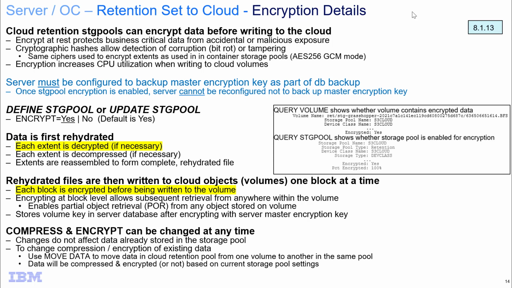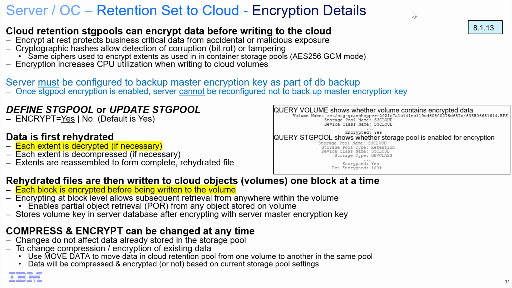We'll then take that file and chop it up into blocks, and we're going to send each block out to the cloud. And at that point, you could choose to encrypt it before it's sent out to the cloud. So the encryption is at block level, and this is going to allow the subsequent retrievals from anywhere within the volume and not having to worry about those individual dedupe chunks being encrypted and scattered all across the cloud.